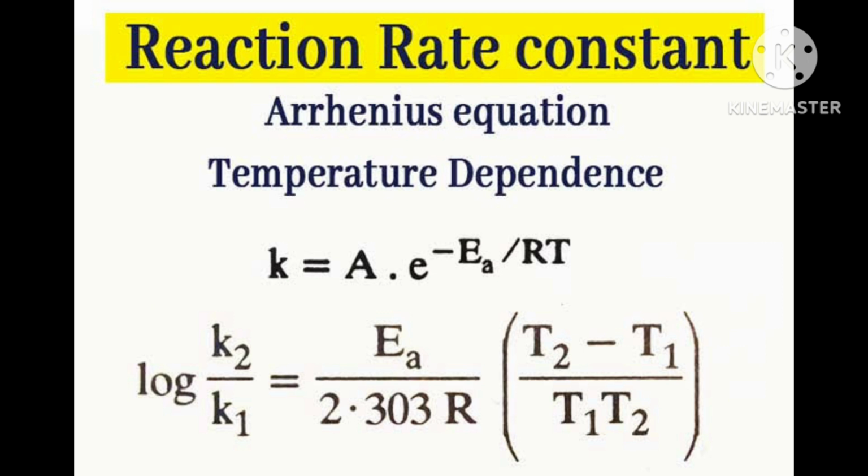Means rate is equal to minus 1 upon a, dA upon dt, that is equal to minus 1 upon b, dB upon dt. Both are equal, correct? Because A and B both are reacting, hence both will lose the original concentration. There will be a decrease in the original concentration.